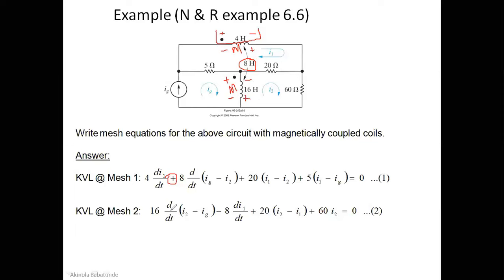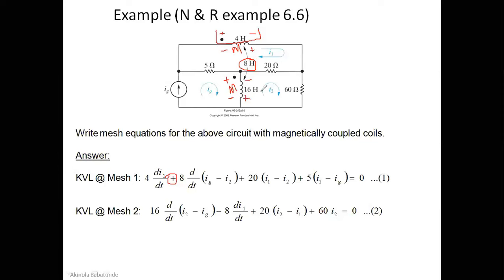So that is the self-inductance voltage. So that will be 16 multiplied by I2, which will be given precedence here, so it becomes I2 minus IG, because we are in loop 2. So the current passing through that will become I2 minus IG, so it becomes d(I2 minus IG)/dt multiplied by 16 Henry.